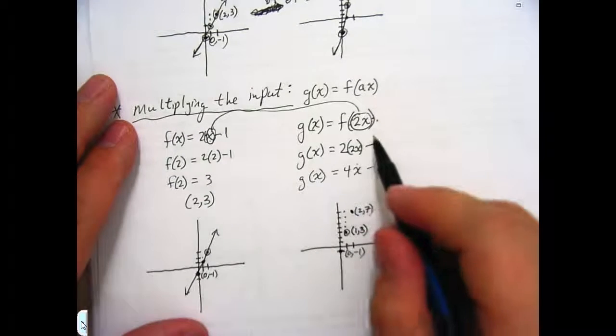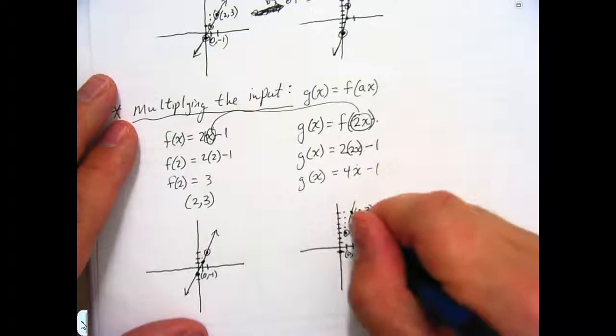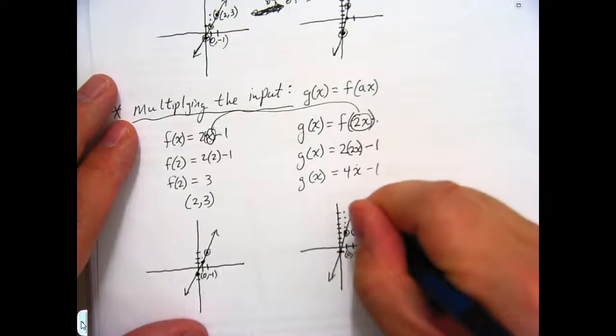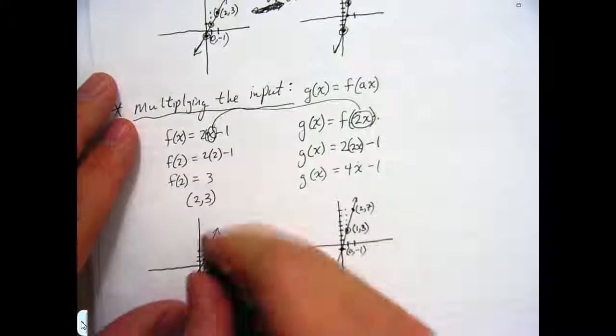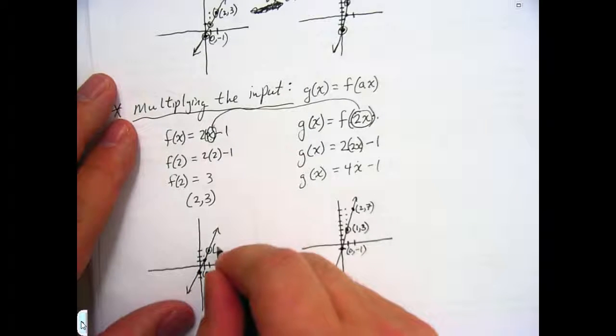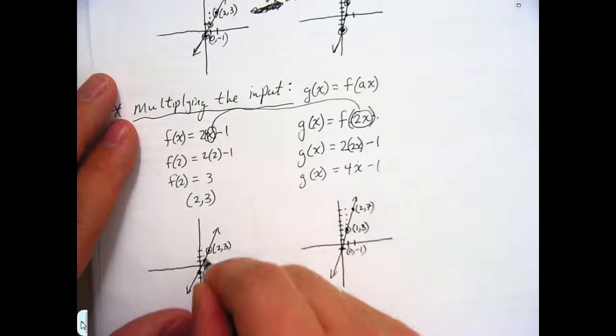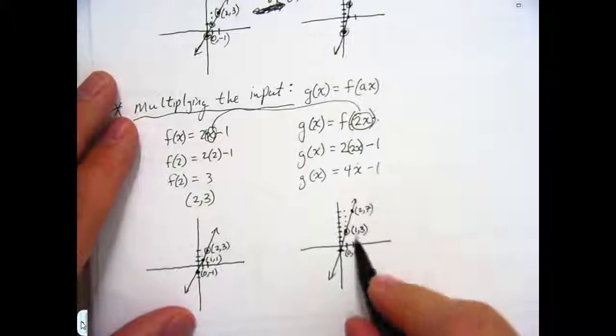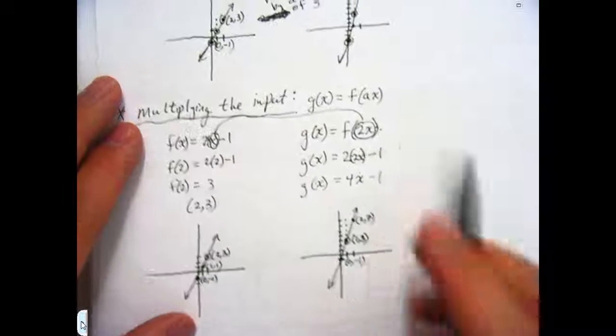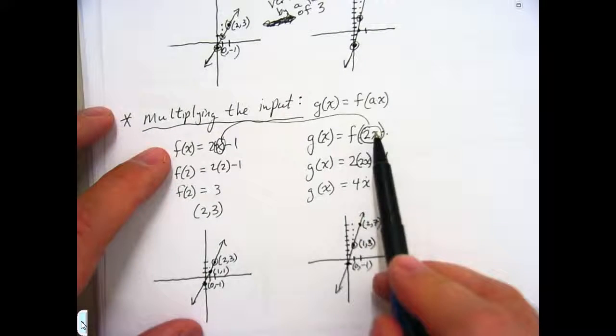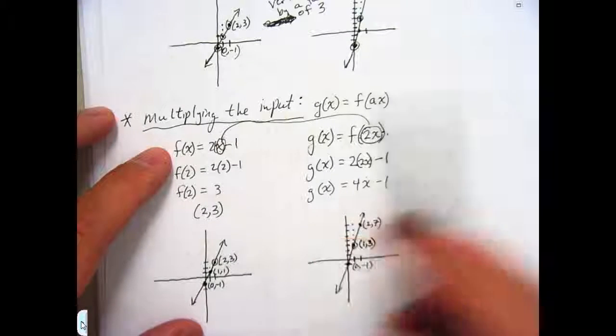Okay, so let's kind of check these things out. This is where we were yesterday. Remember, we had a bit of confusion. At least that's what I got after class. So I want to make sure that we're good on this. This point right here, 1, 3: when we're doing inside, we're affecting the input, right?